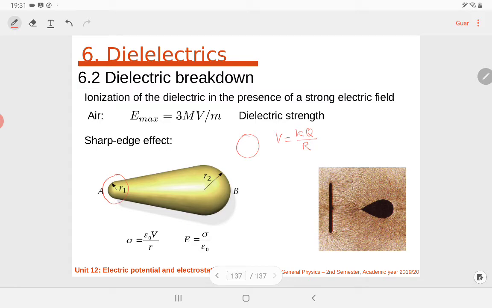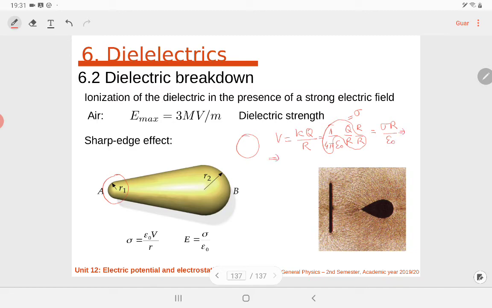You can see the former slides if you want. So this is equal to 1/4 pi epsilon sub 0 times q divided by r. If we multiply and divide by r, then we have sigma here, so we can put sigma r divided by epsilon sub 0.